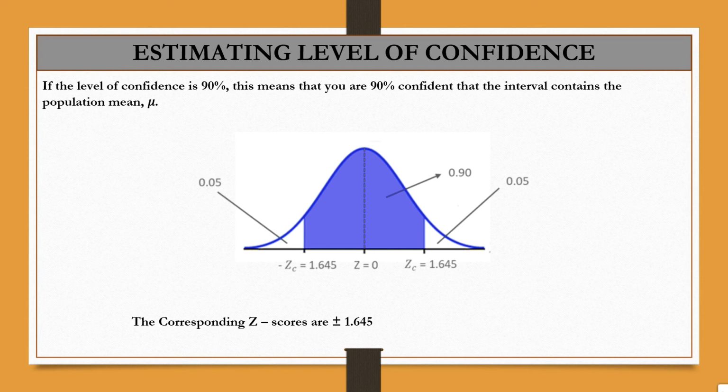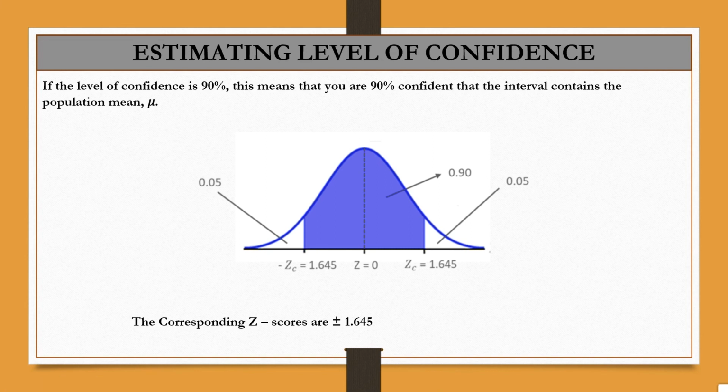So the remaining 10% is equally distributed on the tail regions. You have 0.05 here and 0.05 over here. So on either side of C, you distribute the leftover percentage. These Z-scores are calculated from the table. As I mentioned before, 1.645 is calculated from the standard normal table.